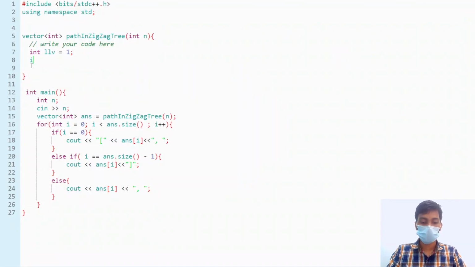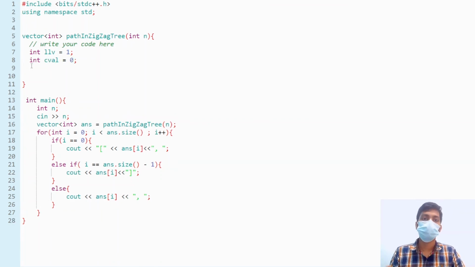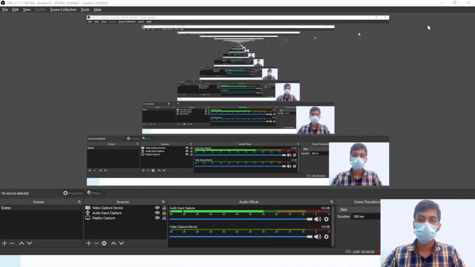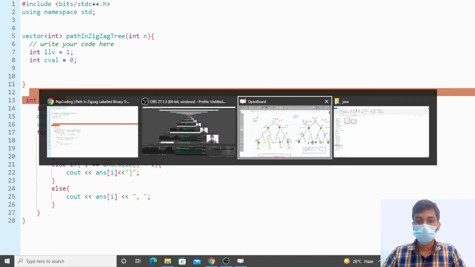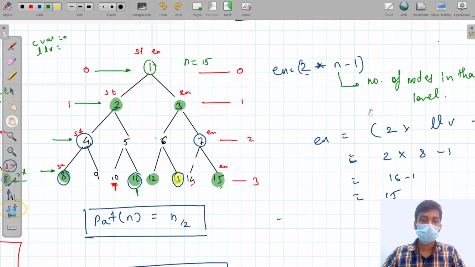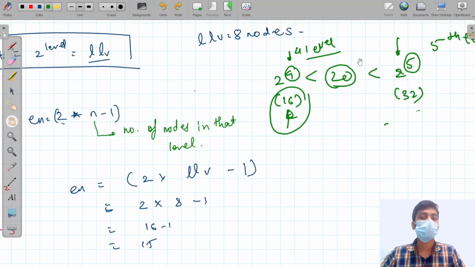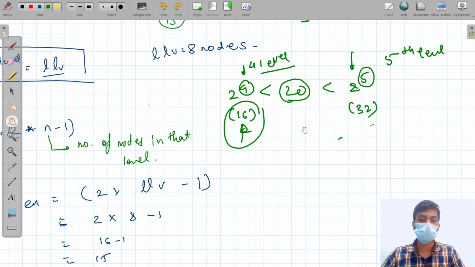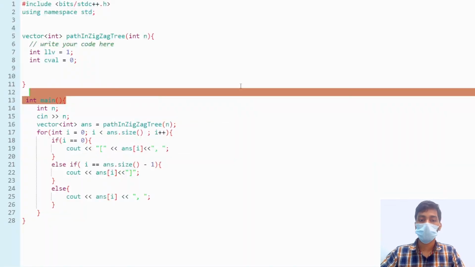Now we are going to maintain another value, that is cval, that is going to be 0. This is going to help us determine at which point this n is going to lie. It is going to do the work that we did here, right? So how to do this?